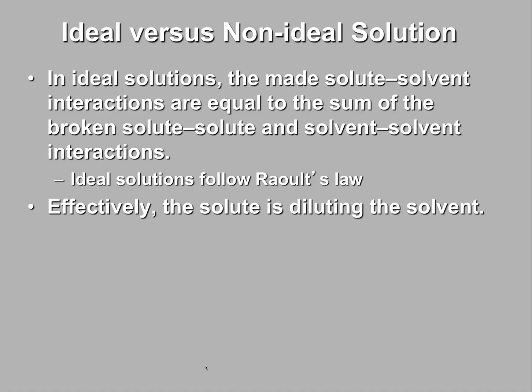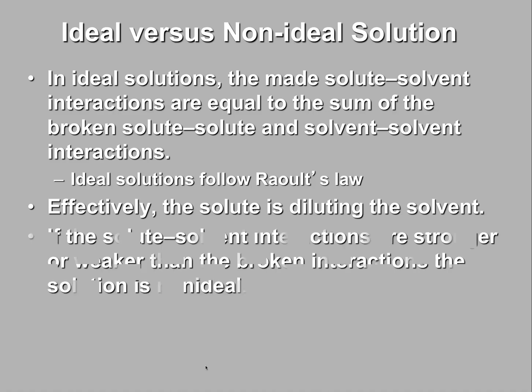So effectively, the solute is diluting the solvent. If you think about it, the mole fraction of a pure solvent is 1. As you add solute, the mole fraction of the solution, or looking at the solvent specifically, is going to decrease. Kind of like a dilution decreases the concentration. Similar idea in that sense.